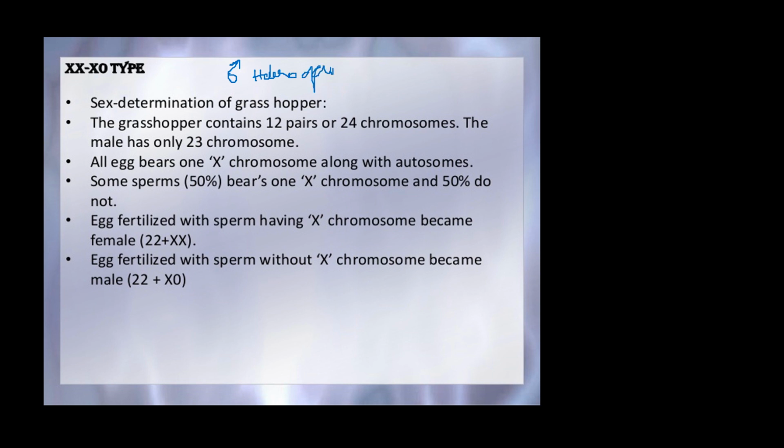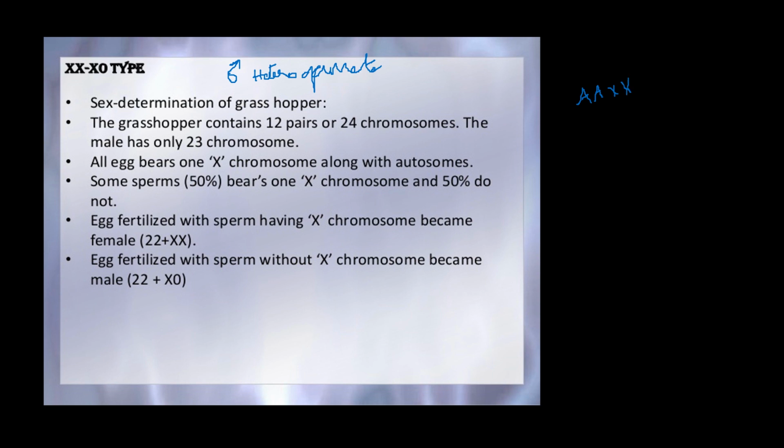Here, if we take the male as a heterogamete, the male is responsible for determining the sex of the offspring. The best example of the male as a heterogamete is the XX-XO type. Here, the male is XO and the female is XX. That means the female has autosomes as well as two X chromosomes as allosomes.